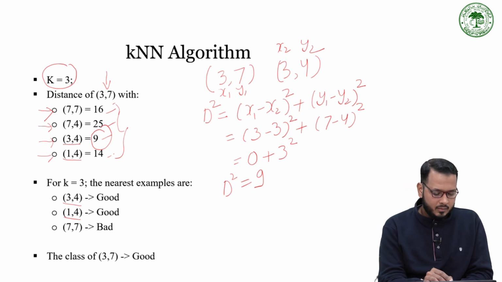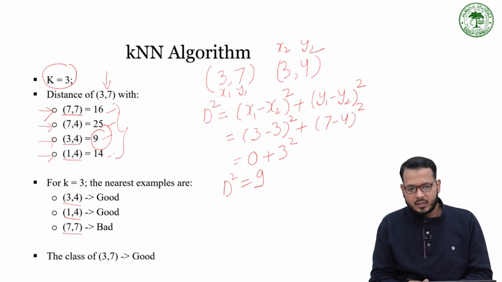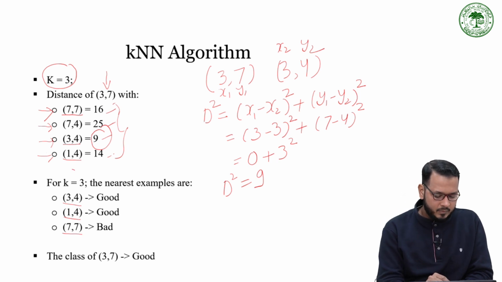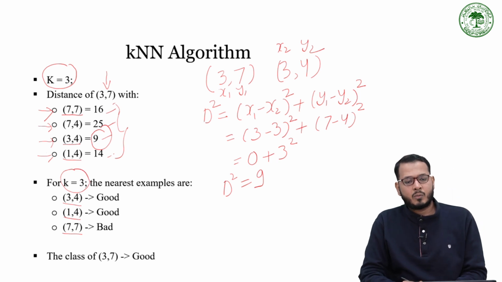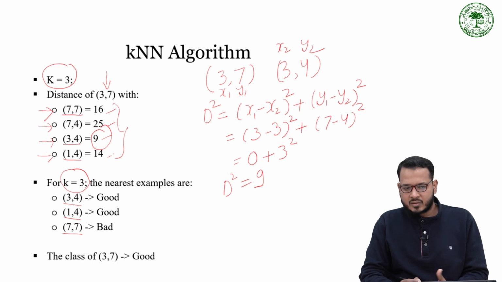And then 7, 7, so I have taken 7, 7 here. Why exactly 3? Because we have assigned the value of k as 3. It means we will check only the 3 neighbors which are nearest to my test sample on the basis of the distance that we have calculated.